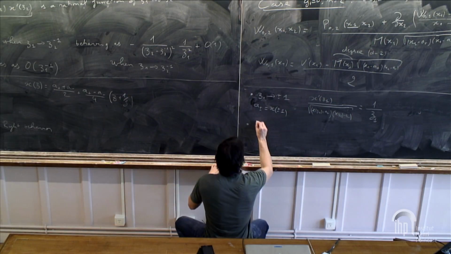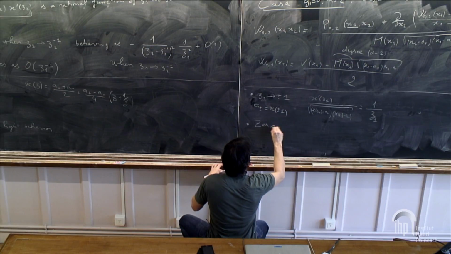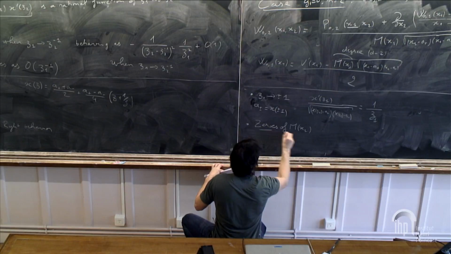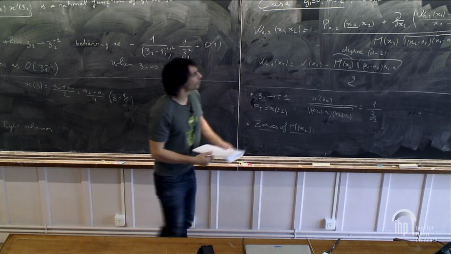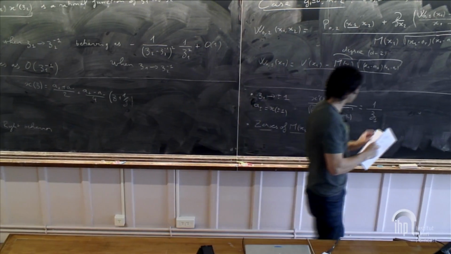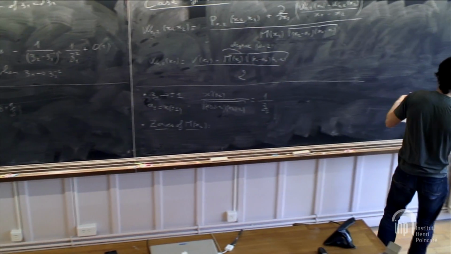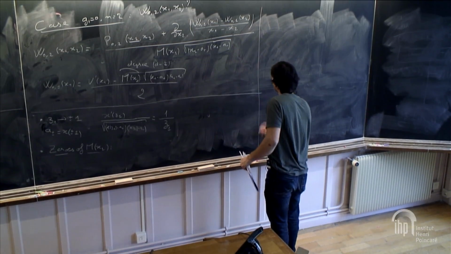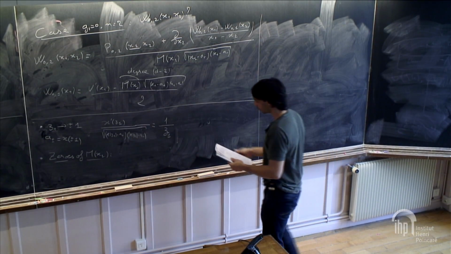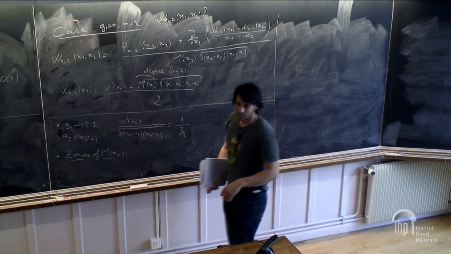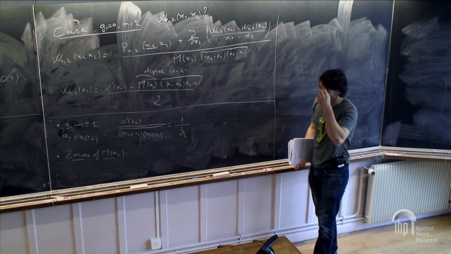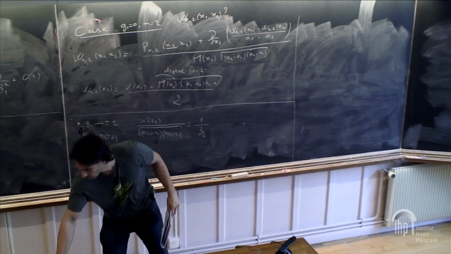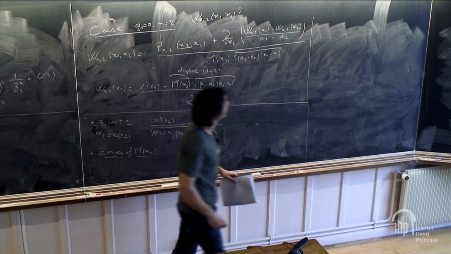And now the last tricky part are the zeros of m of x. Here we will use a kind of argument which is exactly the same one as we did last week for Brown's lemma.